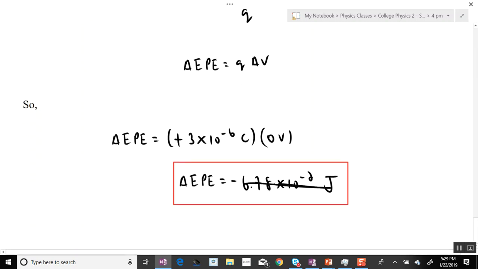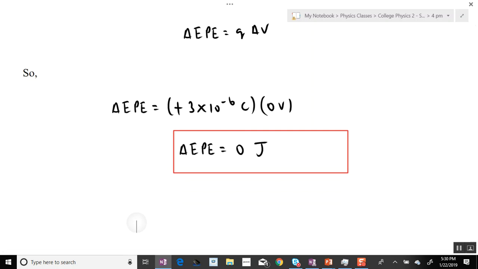So what's your change in electric potential energy? 0. So whenever a charge is moving along an equipotential line, there's no change in electric potential energy. If the delta V is 0, it's equipotential. All right, so does that make sense?